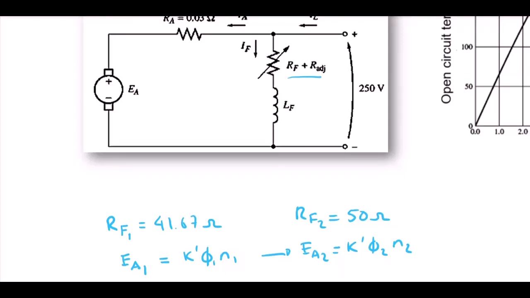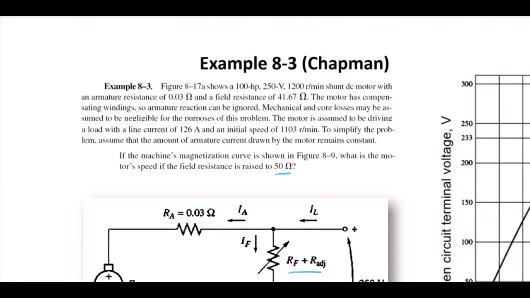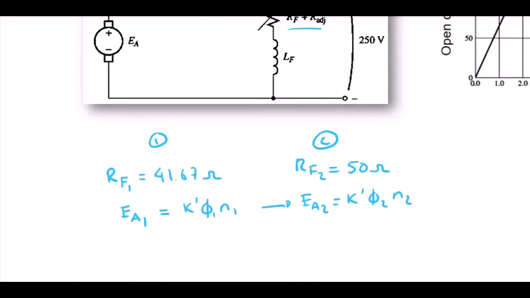So first and second. Next, what we have been told in the example is that we should assume that the amount of armature current remains constant. So the armature current IA is constant, which means that IA1 is equal to IA2.